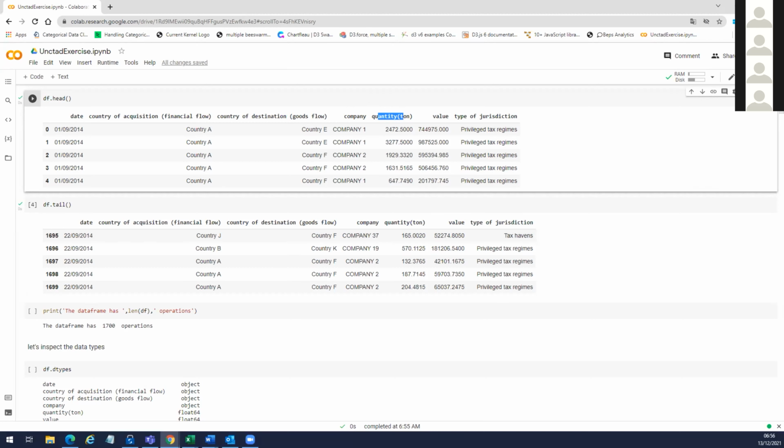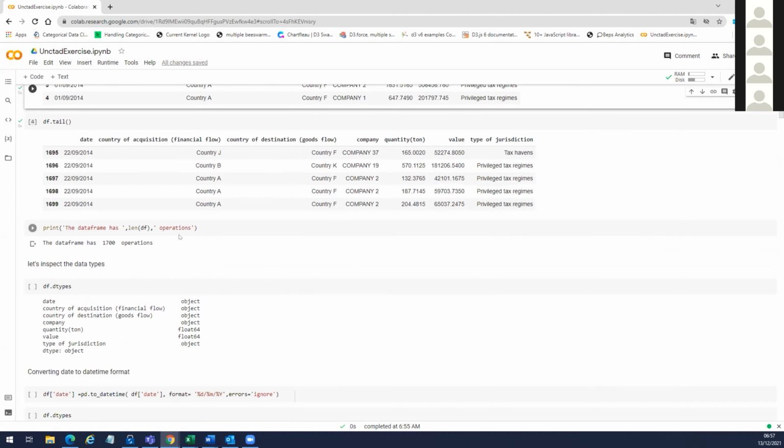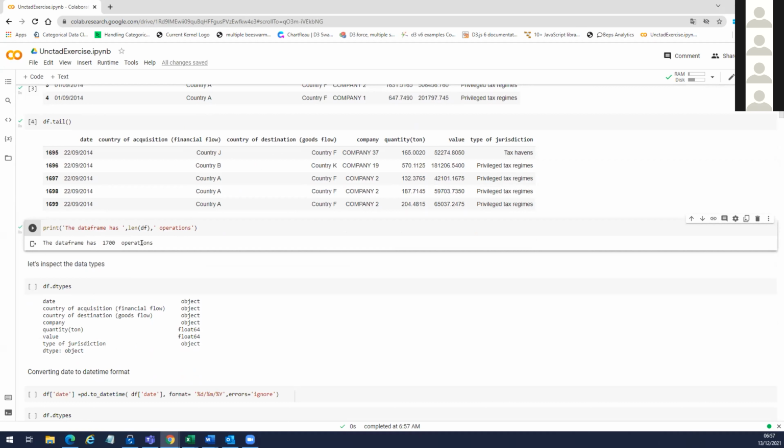And here we have the country of acquisition, where the financial flow is, and the country of destination, the goods flow, and the name of the company. This is the file that we work with to calculate the price filter method. Here I put a command to calculate the number of operations, 1,700 operations in our file.